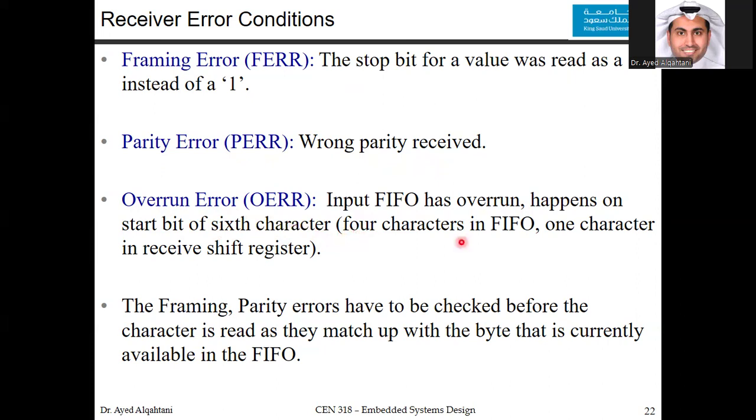You have 4 frames in the FIFO and 1 frame in the receive shift register. The 6th is on the way and everything is full. Now you would have an overrun error. The framing and parity errors have to be checked before the character is read, as they match up with the byte that is currently available in the FIFO.